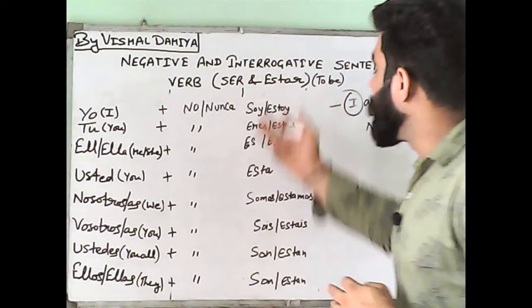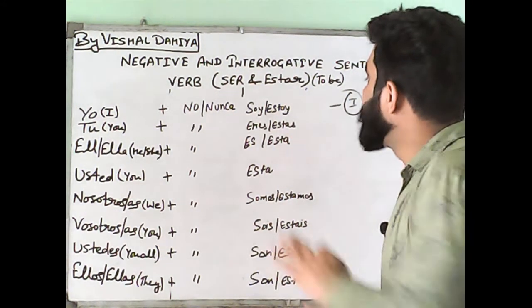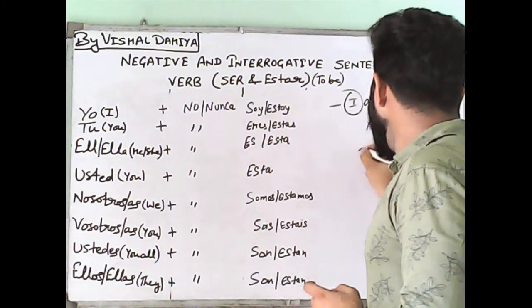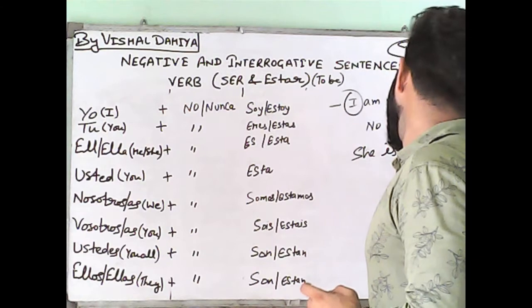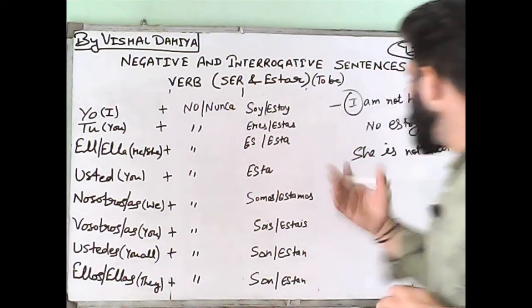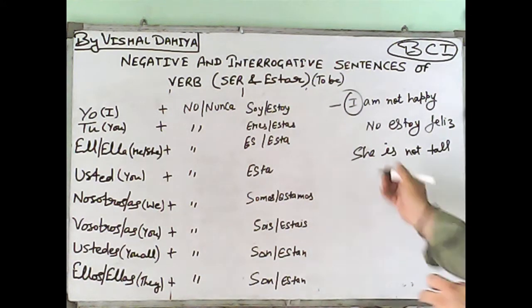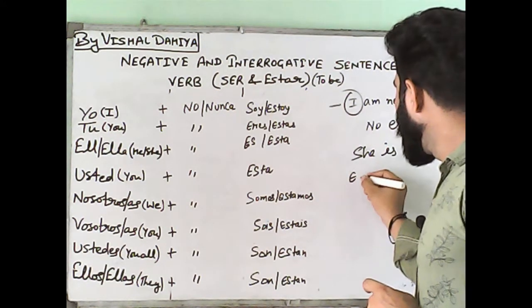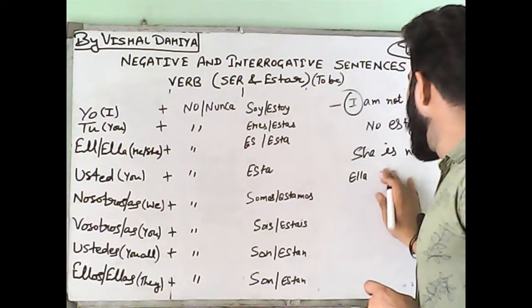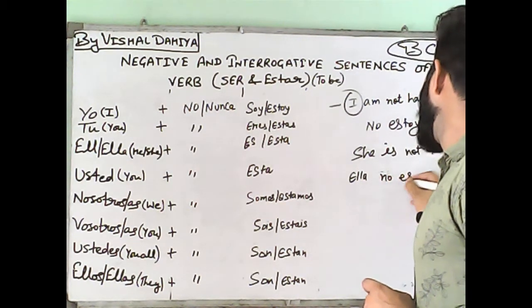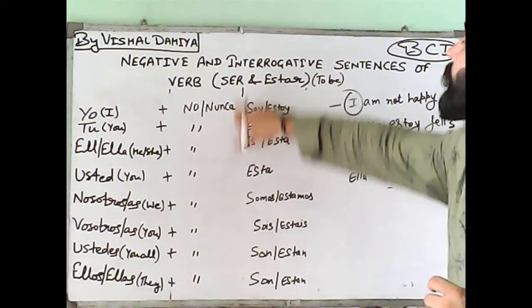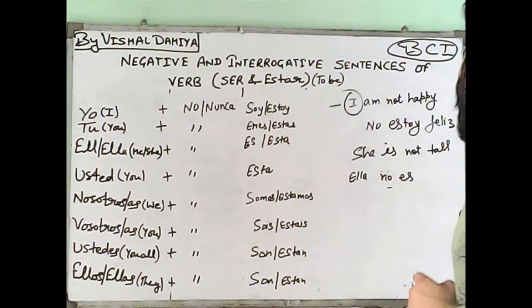Next, if I want to make a sentence with ser, I can say she is not tall. So I will say ella no es alta: no, and the conjugation form of the verb ser.